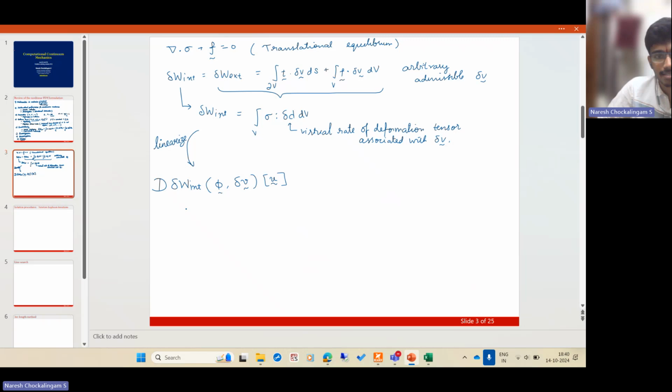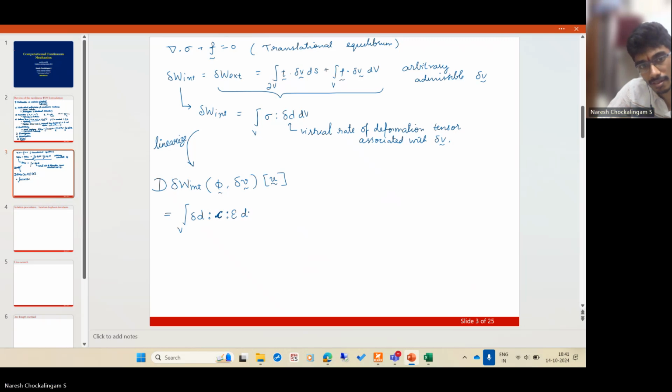So this linearization turned out to be for the internal virtual work. It was integrated over the volume del D contracted with C, where C is the spatial elasticity tensor acting on the infinitesimal strain associated with U. Okay?